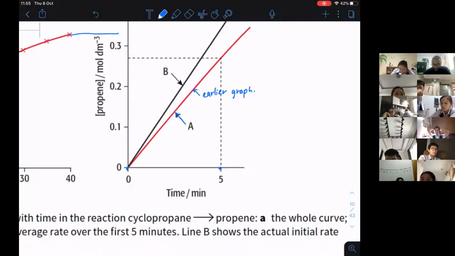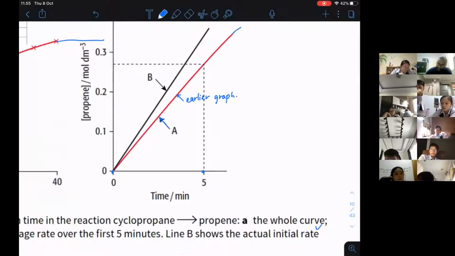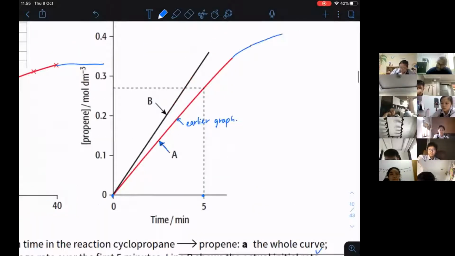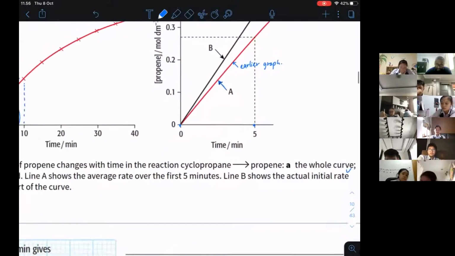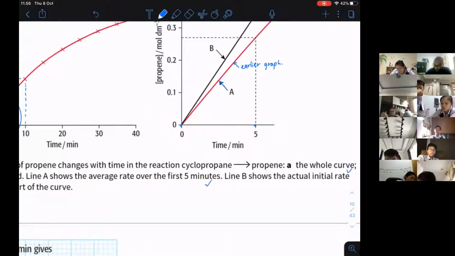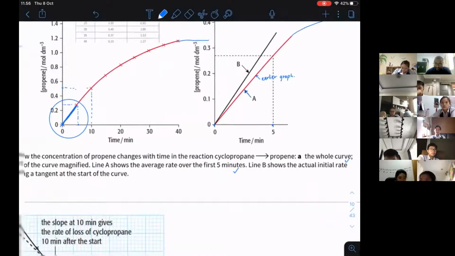But if you see A, they say A is the whole curve. Previously, if you keep on going, it will curve. So here they say A shows the average rate over 5 minutes. But line B shows the actual initial rate at the start of the curve.